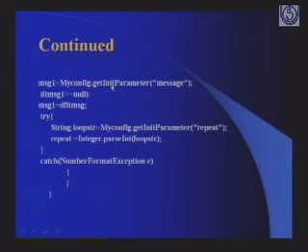So my config dot get init parameter I am using, and now this message will be the name of the variable which we will initialize in the web XML, and if this message is null, we are assigning default MSG, and if it is not null, it will retrieve the message from the web XML file.